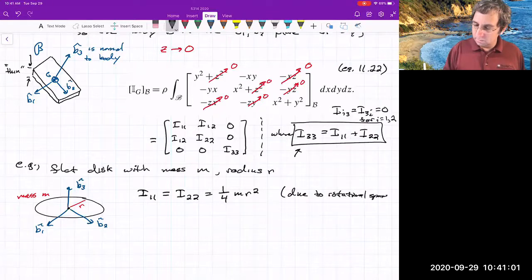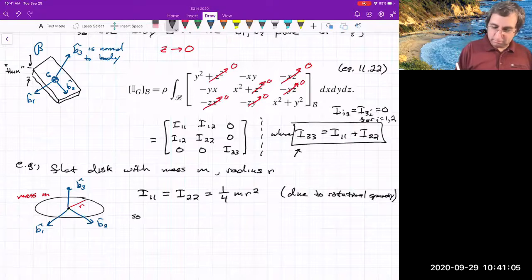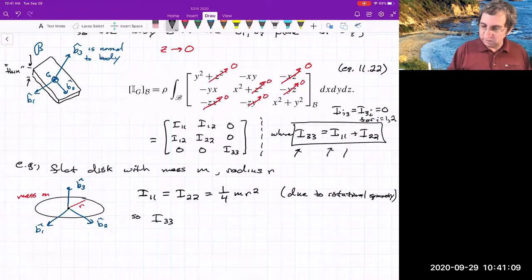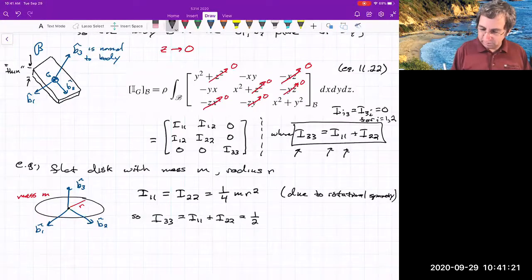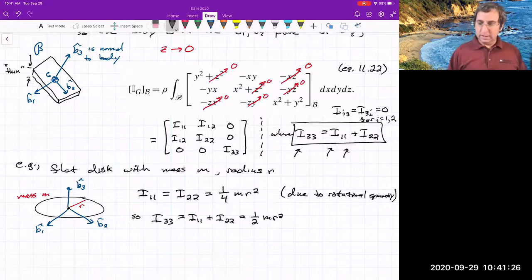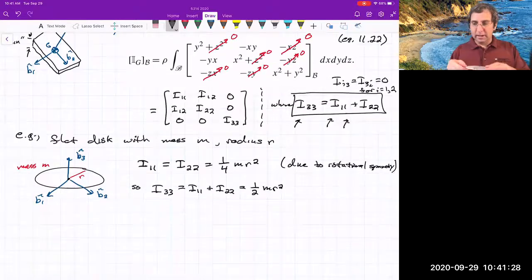I know from this formula up here for planar rigid bodies, things that have a thin dimension, I33 is going to be I11 plus I22. Those are equal, so this is going to be 1/2 mr squared. So what does that mean?